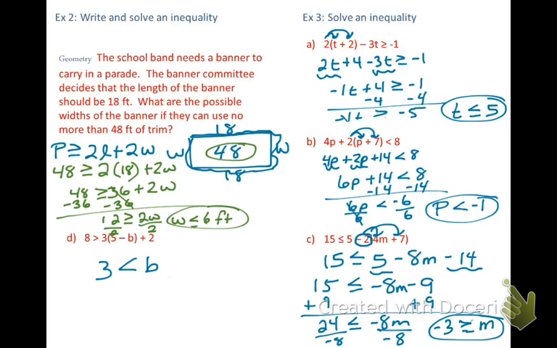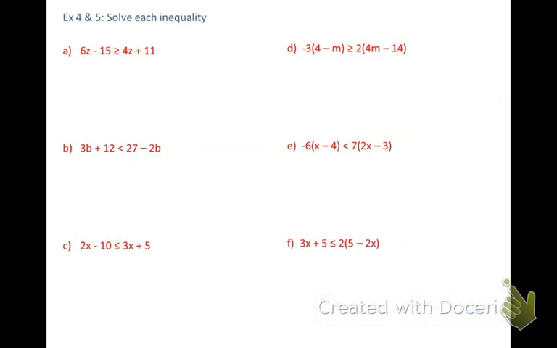All right, next section. So this time we have distributing and variables on both sides. So we're going to do A and D together, and all the rest you're going to do on your own. So we'll do A first.